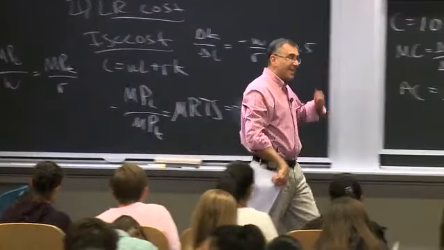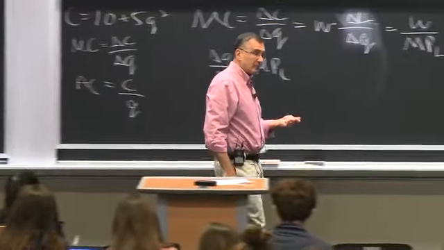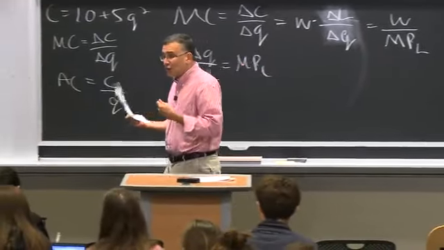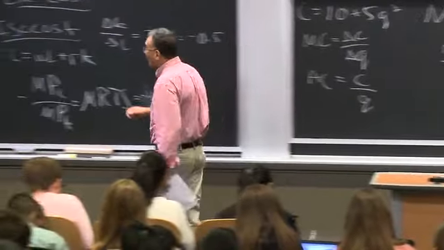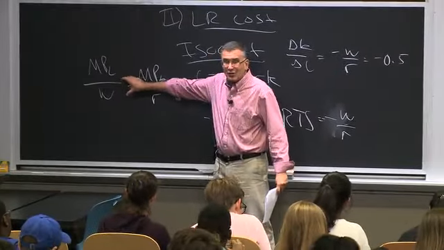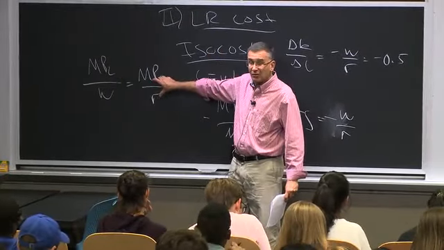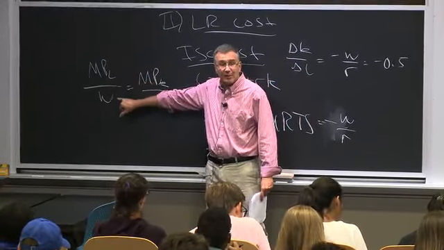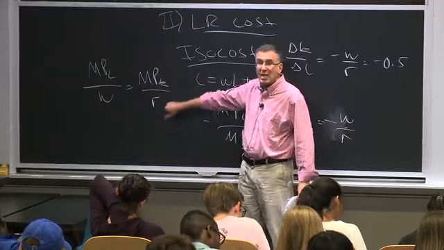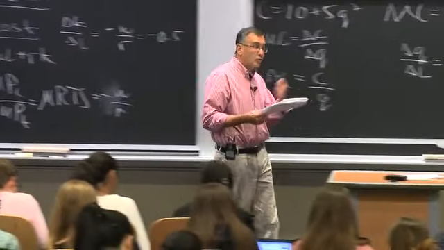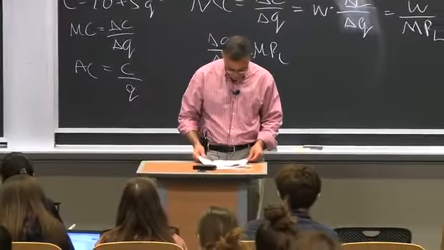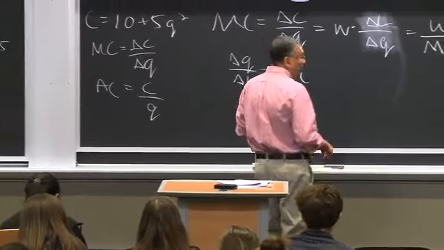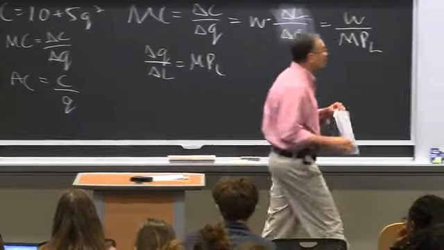If you ask, should I spend the next dollar on wages or machines? You should do it until the next dollar of wages delivers the same return as the next dollar of machines. This is what you get for the next dollar of wages, MPL over W. This is what you get for the next dollar of machines, MPK over R. You want to continue to trade off machines and workers until that condition is true. Okay, so let's actually now solve for this, for our example.